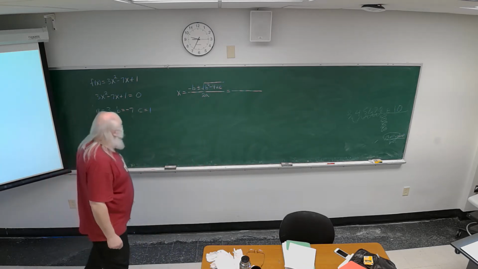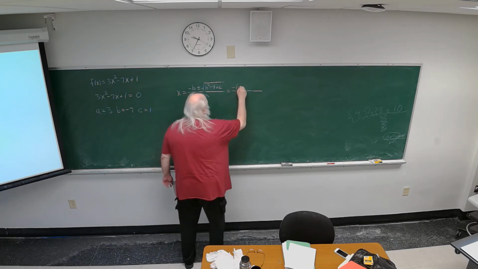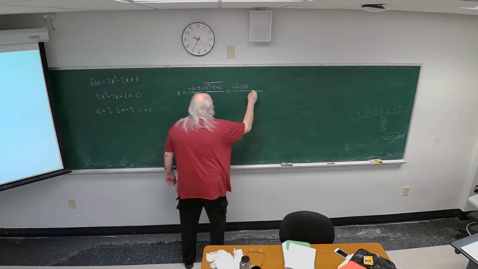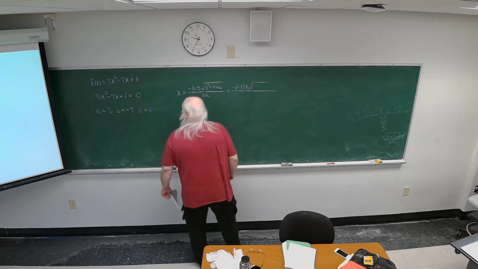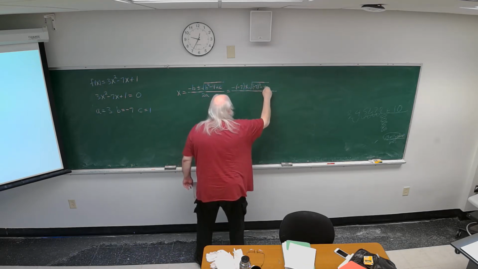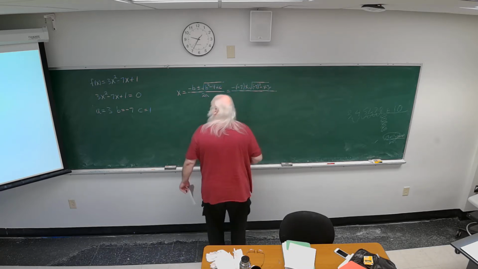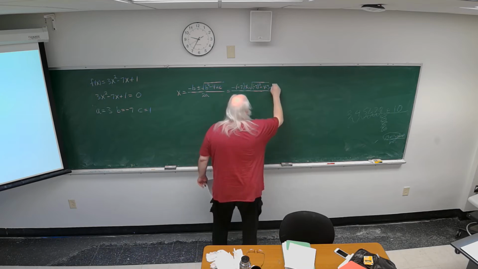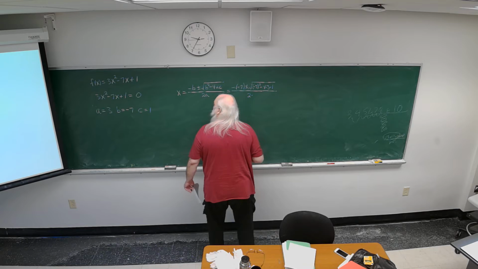Substituting into the formula, negative b is the negative of negative 7, plus or minus the square root of minus 7 squared, minus 4 times a, which is 3, times c, which is 1, all divided by 2 times a, which is 2 times 3.